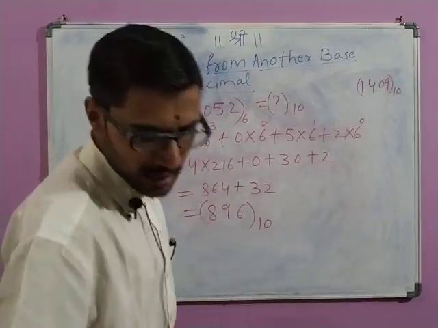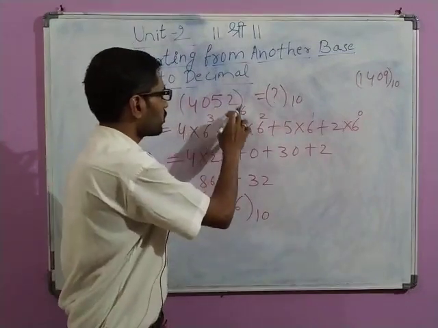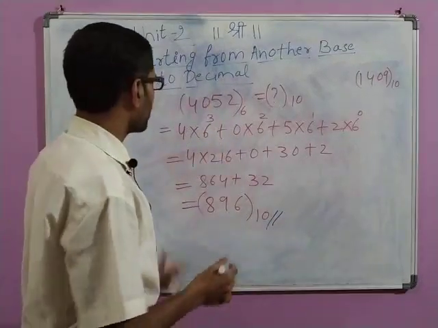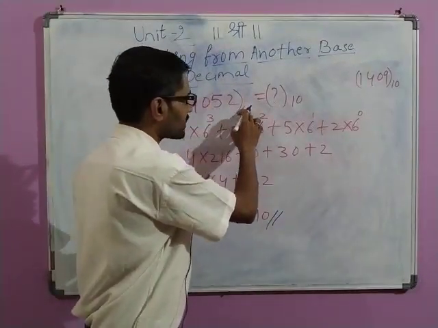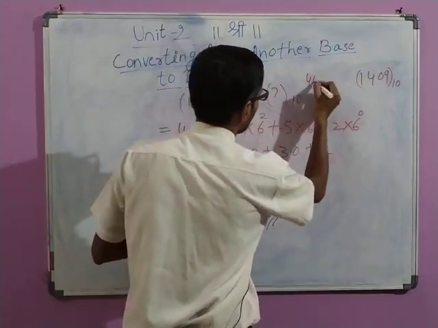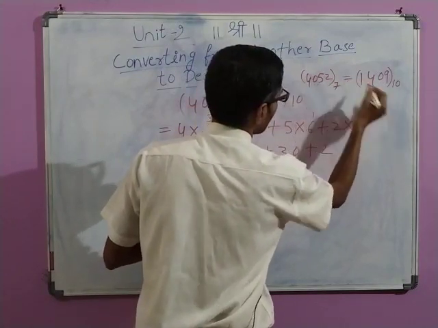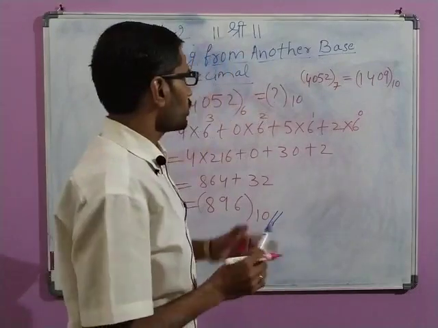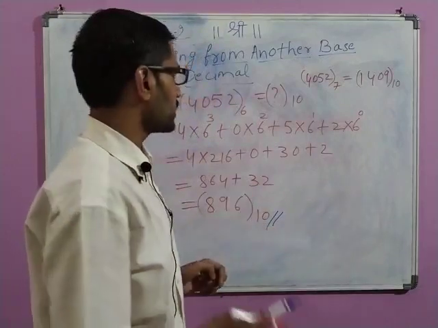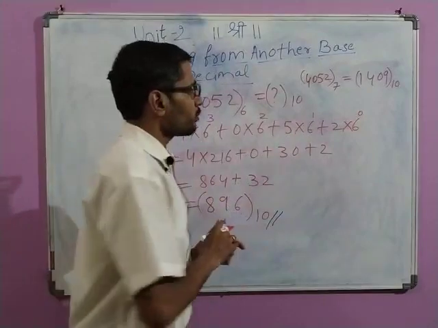Now the important thing that you need to observe here is, when I converted 4052 from base 6 to 10, this is the result that we are getting. And when I converted the same number from base 7 to base 10, here I can write the answer. 4052 to the base 7 is equal to this answer that we got. So even though we have converted the same digits, we are getting a different result when we converted to the base 10.